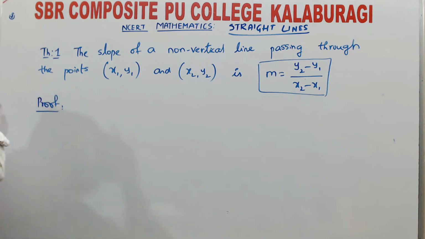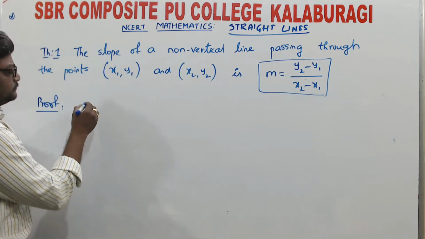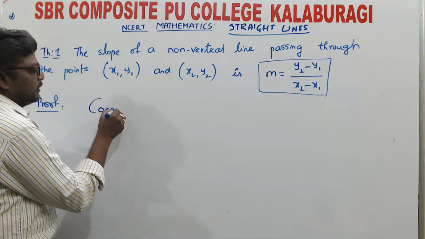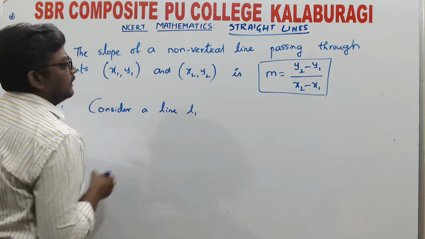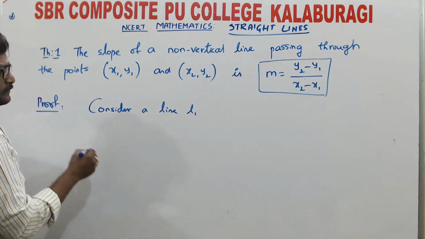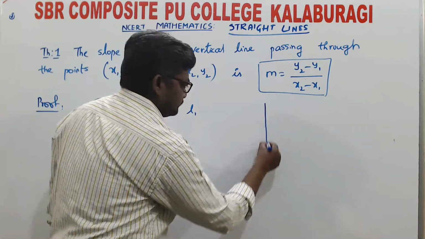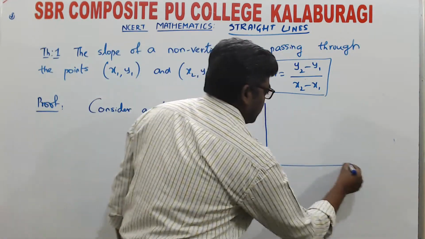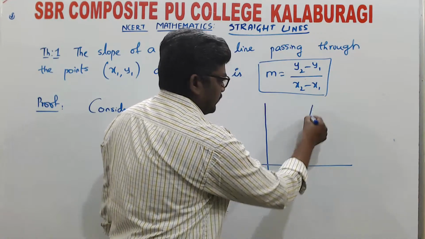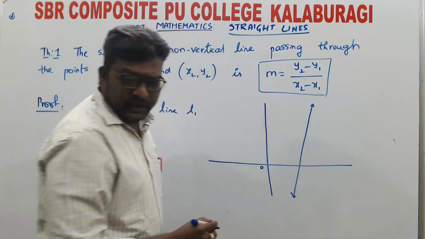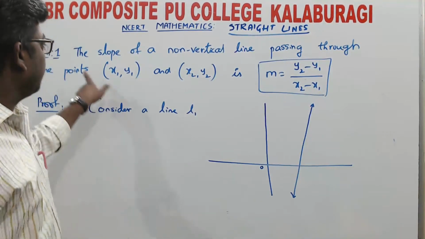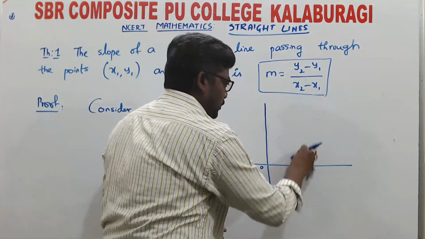Proof. Consider a line L1. Select the diagram. We have taken one non-vertical line, passing through how many points? 2 points.